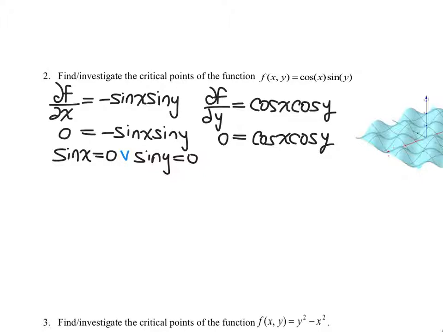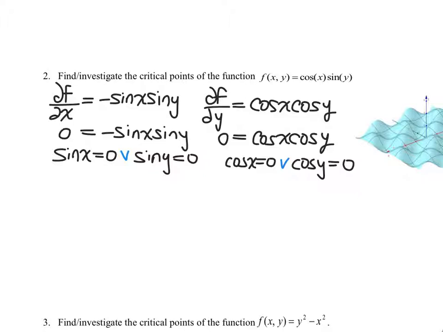All right, same idea for the cosines. Cosine x equals 0. Cosine y equals 0. So think about the unit circle, and you think about instances for which the sine function is equal to 0.